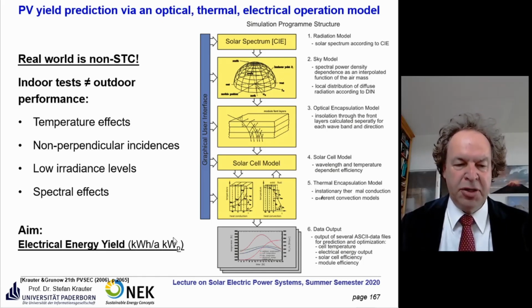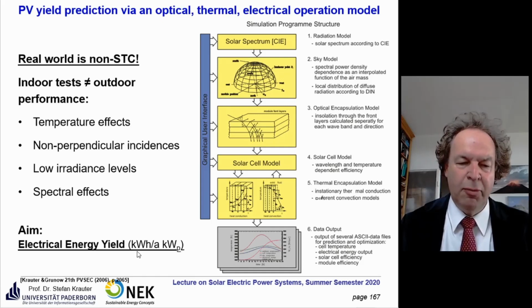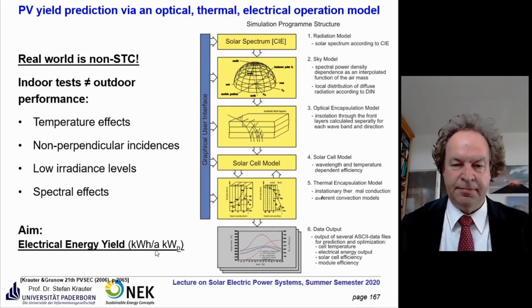For example, you use a 1 kilowatt power plant under standard test conditions as a reference, and you want to know, if I install 1 kilowatt of a PV power plant, how many kilowatt hours of electricity does it generate per year?